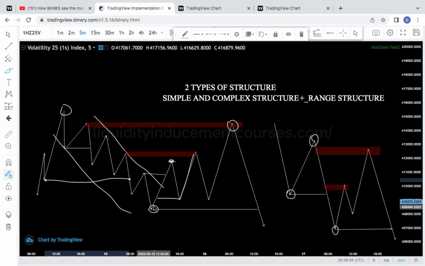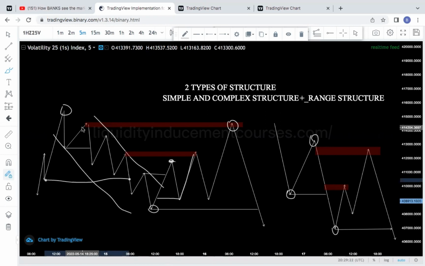And then price continued and went back into the area to mitigate our actual major what? Liquidity. And then we began to drop from there. Automatically, this becomes a what? Complex structure. Why? When we have clear forming of higher highs and higher lows, or lower highs and lower lows, it becomes a simple structure.